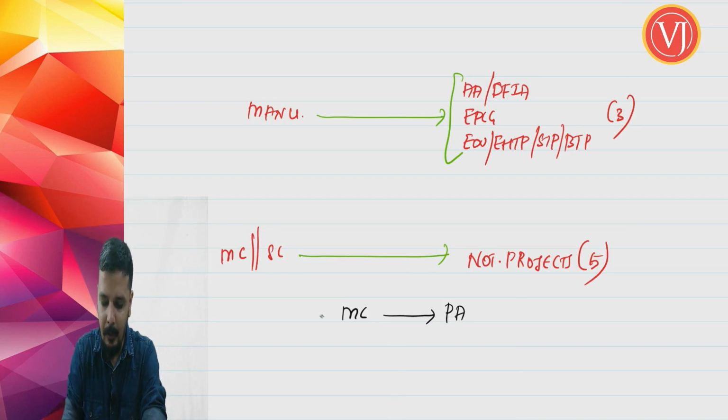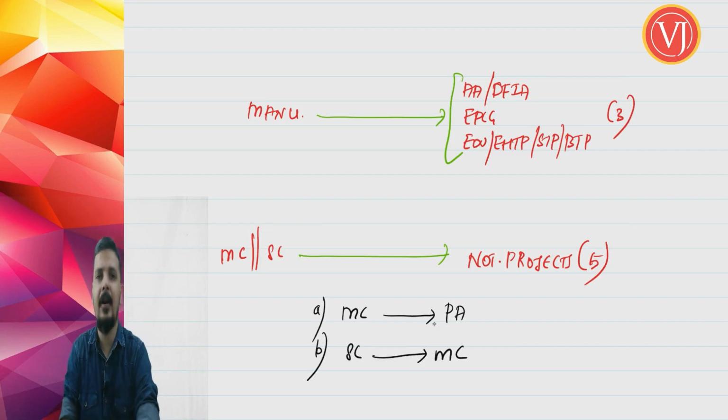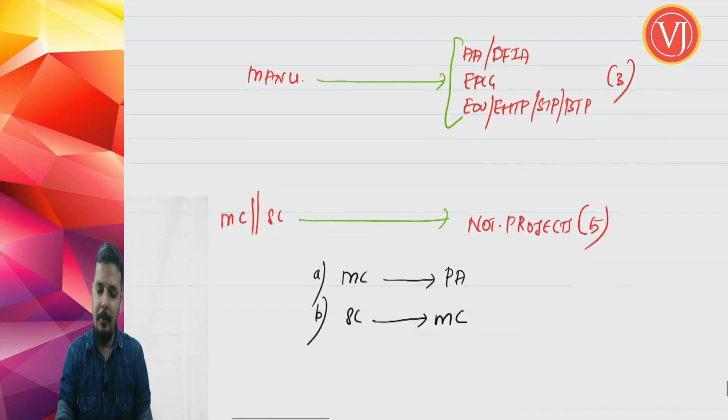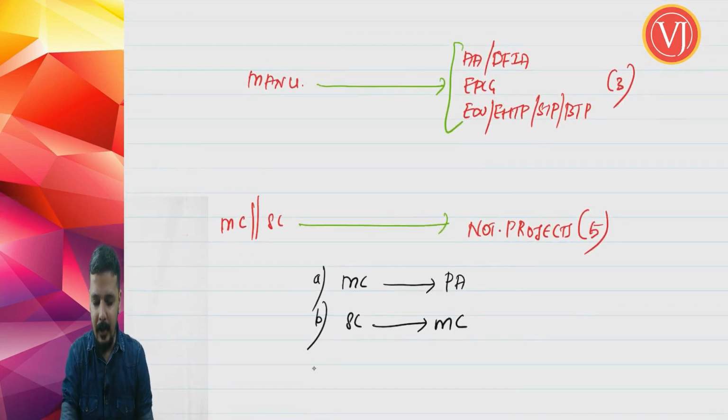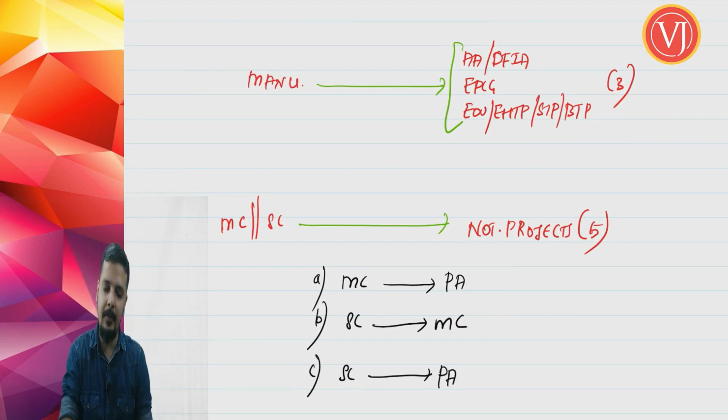This is also deemed export in the second case. Second scenario, subcontractor to main contractor. This is also deemed exports. So main contractor to project agency is deemed exports. Subcontractor to main contractor is also deemed exports. Third, subcontractor to project agency or authority is also deemed exports.